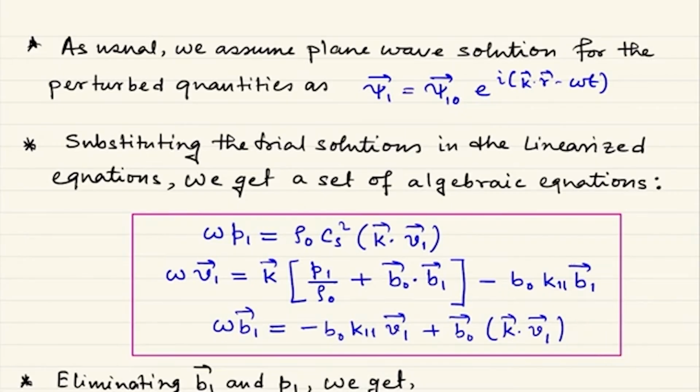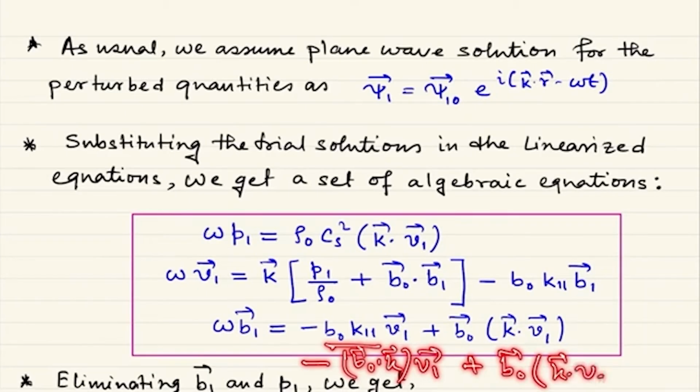And this is the induction equation, as one can easily guess, and that will be equal to omega small b1 is equal to minus small b0 k parallel v1 plus small b0 times k dot v1. Once again this is nothing but B0 dot k. So there will be B0 dot k v1 minus plus B0 times k dot v1.